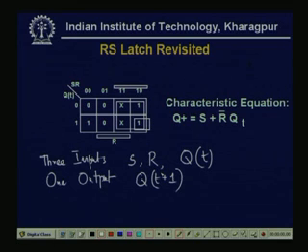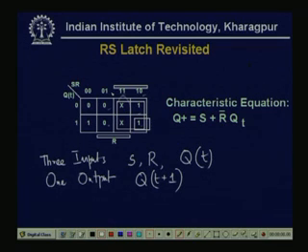If it is 0, 0, 0 or 1, actually Qt value is Qt plus 1. So, 0 1. If SR is 0 1, always it should be 0 0. If it is 1 0, always it should be 1 1, and if it is 1 1, this cross means undefined or undetectable.